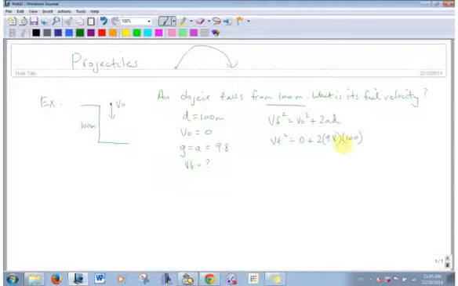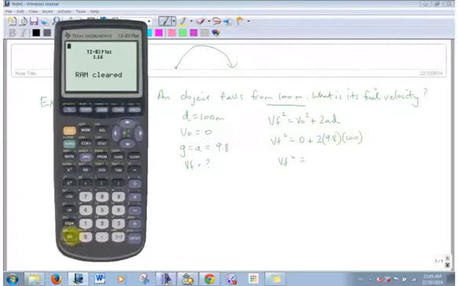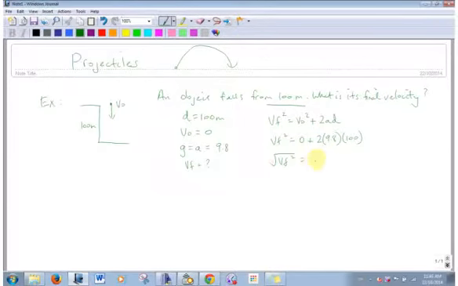Is the distance going in the same direction as the acceleration? Let's keep that in mind for a sec. It is. Both down, right? Just falling down. All right, so VF squared is, two times 9.8 is 19.6, times 100 is 1960, but don't forget, we've got to take the square root of that.